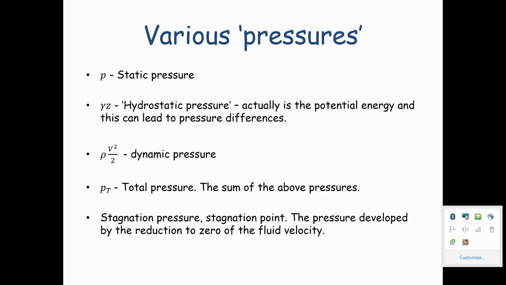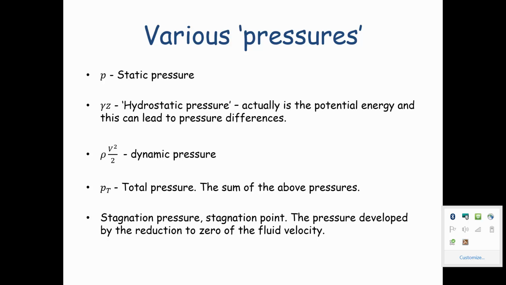Now, there are various pressures that we'll define here, and you should be familiar with what these pressures are. And certainly the lab experiences that you'll have and other calculations you'll do, you'll use different types of pressures. So we'll define P here as being the static pressure. We'll define gamma Z as being the hydrostatic pressure. Those two terms appear in the Bernoulli equation, and they also appear in other equations that we looked at.